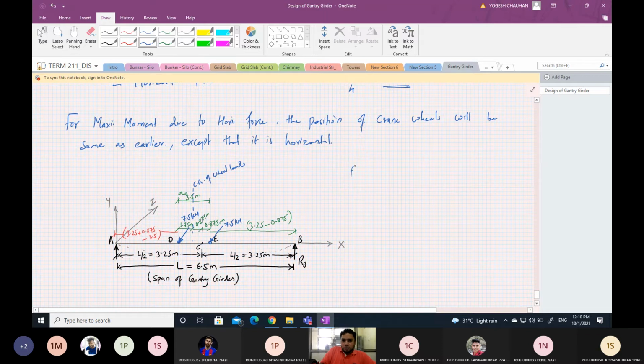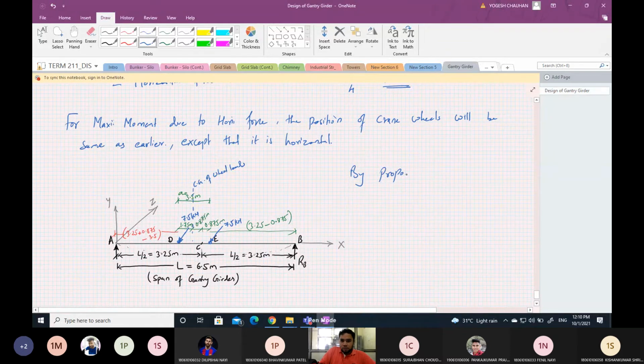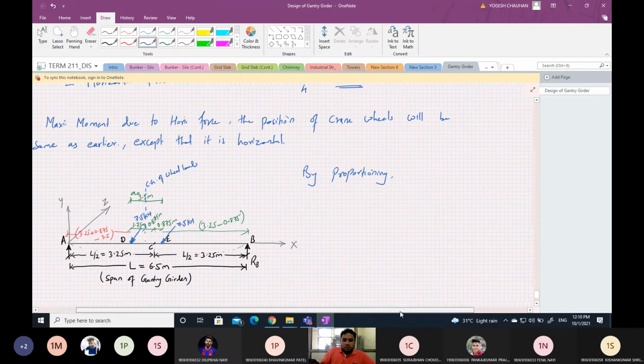Okay, so by proportioning, instead of doing the analysis again, simply by proportioning, I can find the moment in the horizontal direction.